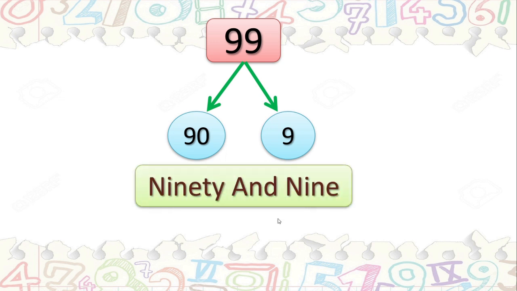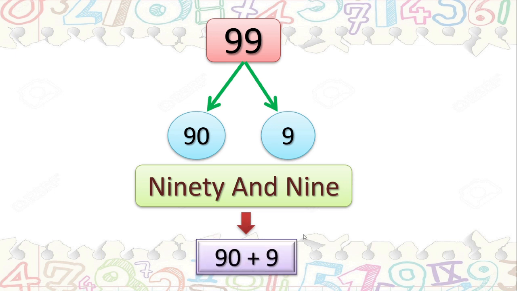And the expanded form we write according to their places, that is nothing but 90 plus 9. Correct? Got this, children? 99 is the same as 90 plus 9. This is called the expanded form of 99.